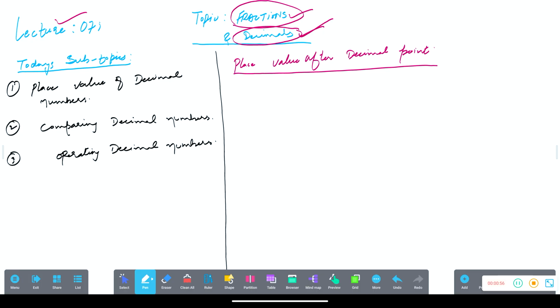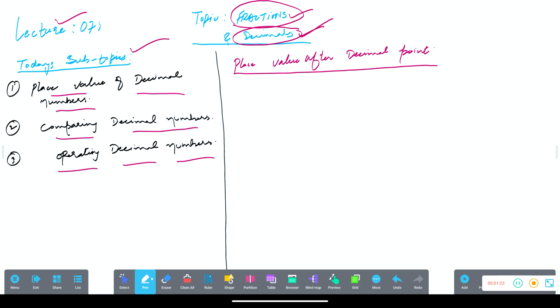Then we also came to know what are like decimals, unlike decimals, and the optional one, that is terminating decimals. Today's subtopics will be: first, place value of decimal numbers; then comparing decimal numbers; and the last one, operating on decimal numbers.